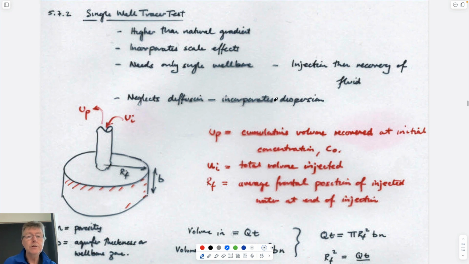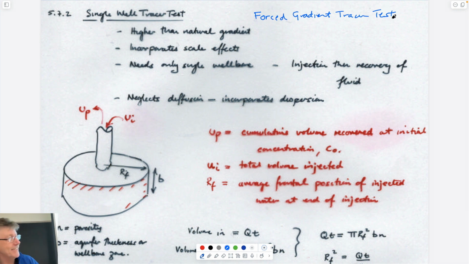The other things that you could do would be to try and get around that problem by taking a bigger sample. And so going into the field and doing a forced gradient tracer test. These also suck, as it turns out, and they don't do a very good job for you.